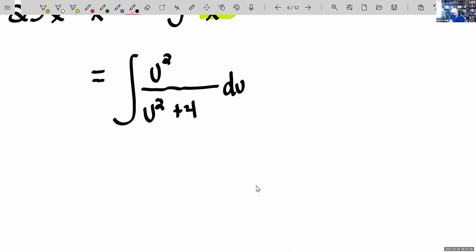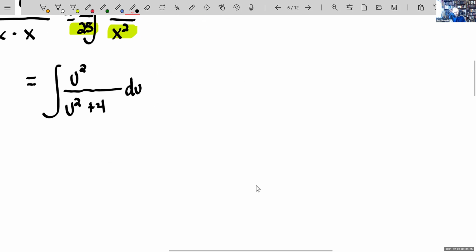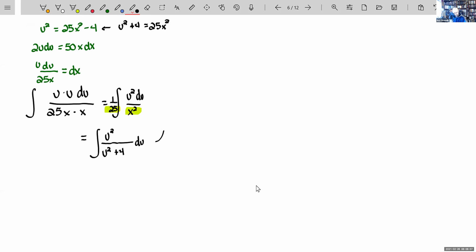To integrate this, there's two different ways you can do it. You can either do long division, or you could do a trig sub. I love this problem for so many reasons, so please pay attention. This is a really good problem. So let's go ahead and split this into two possibilities, 1 or 2.